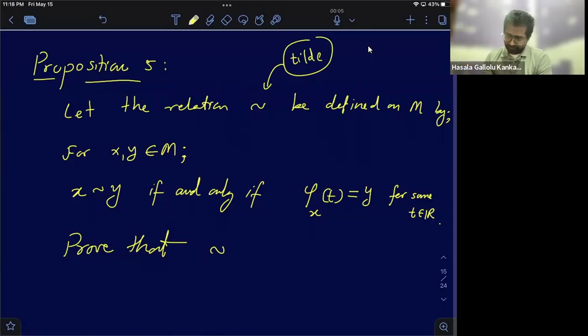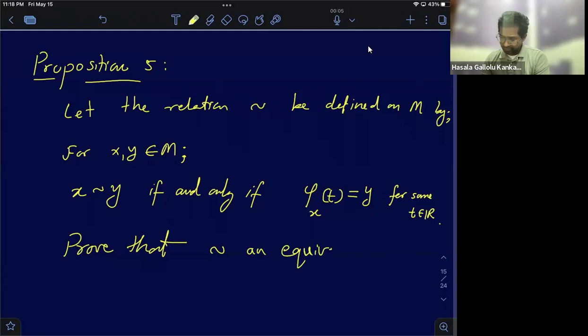Don't make things too complicated. Let's say prove that this relation is going to be an equivalence relation.